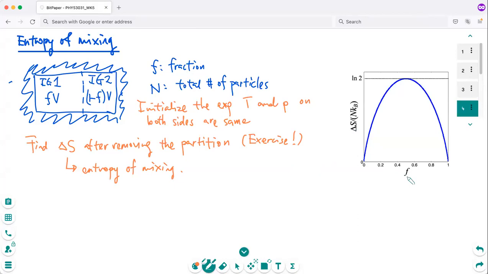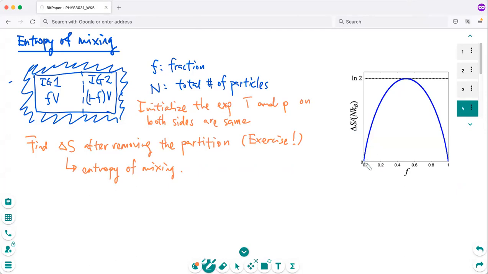The reason I don't want to do it is because the mathematics is identical to the Joule expansion. You just have two systems to worry about. And second, I think you can do it. You should be able to do it in about 10 minutes, and you will get this result. I plotted it for you, but you should verify.